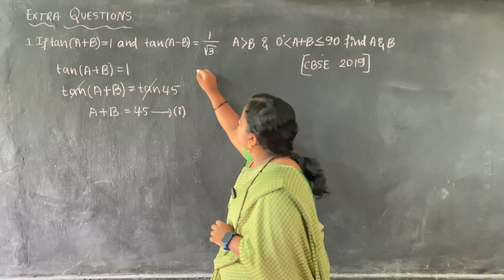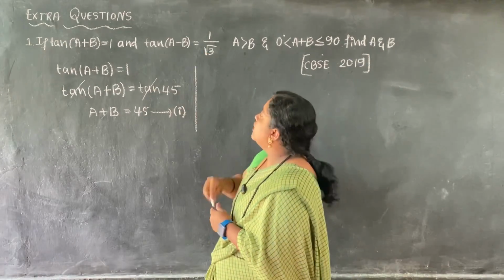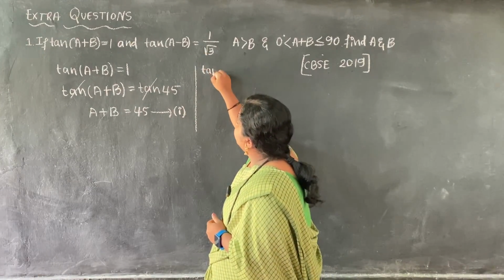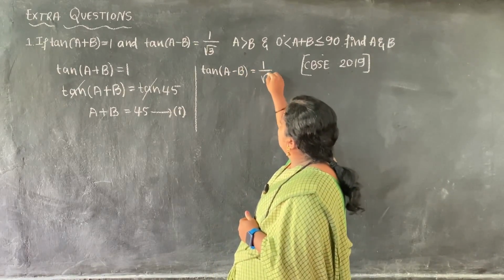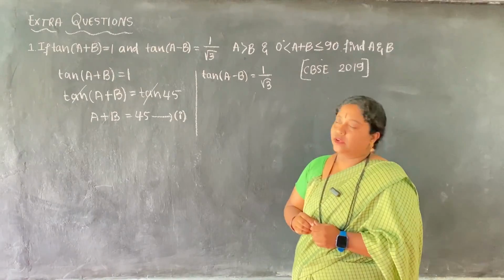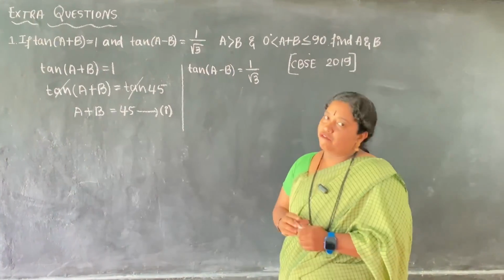Fine. Now we'll go to the second equation, the second part. What is provided in the second part? The second part is provided with tan of (a minus b) is equal to 1 by root 3. Now you need to write this 1 by root 3 in the form of tan.